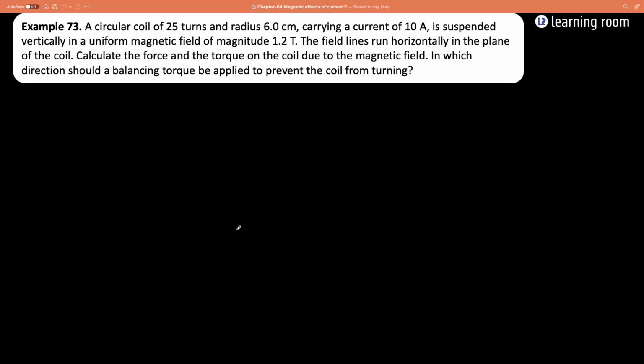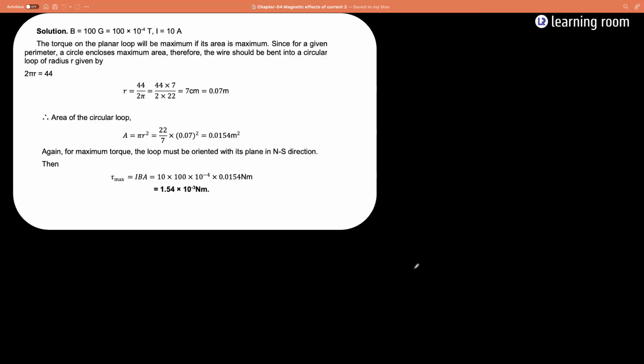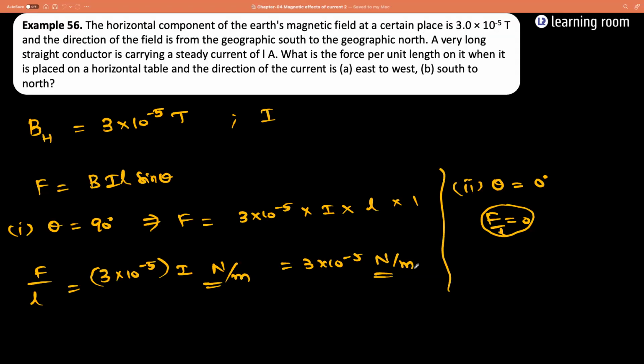Sir, I have a doubt in example number 56. In this book, in the exercise that we did? Yes, sir, example number 56. So for east to west, why are we taking theta as 90, sir? Can you explain that one? Because the magnetic field is from south to north, no?